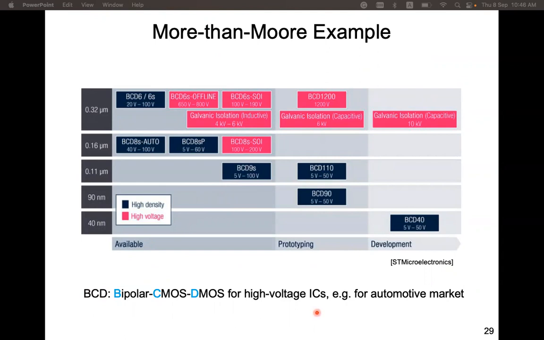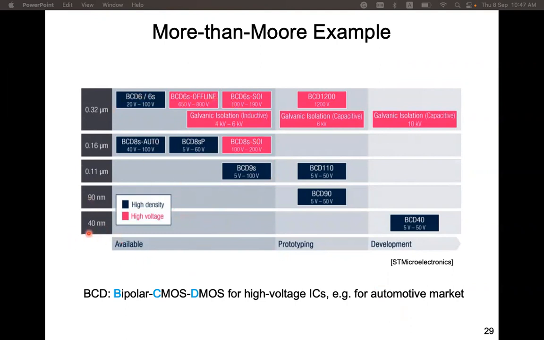And high voltage ICs are important in applications like the automotive market for cars, or in planes, or in some electrical networks, power grids. STMicroelectronics provides these technologies.